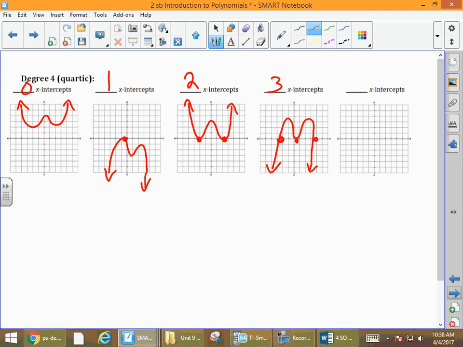And I'm just drawing different end behaviors, that's all that I'm drawing. But we've done 0, 1, 2, 3, we must be able to do 4. So 1, 2, 3, 4.